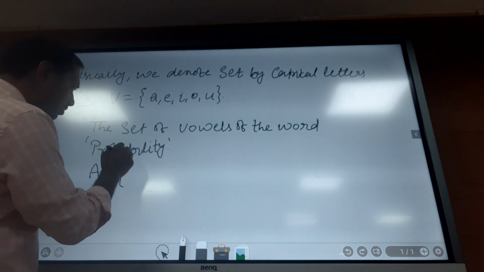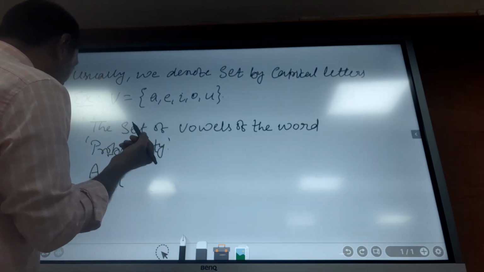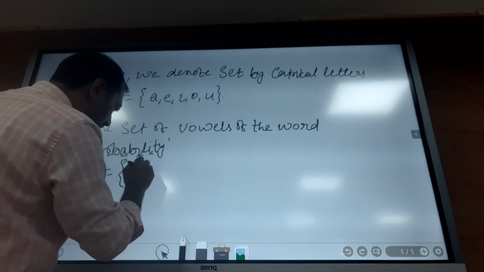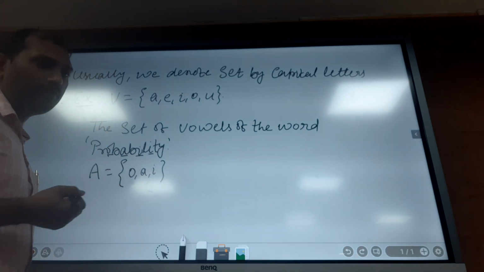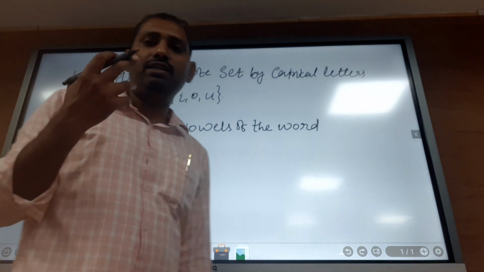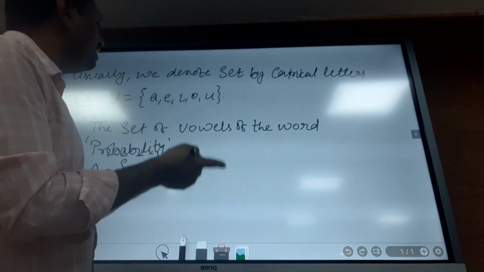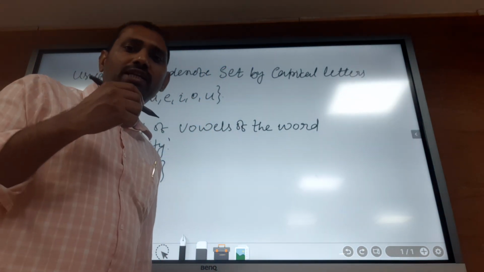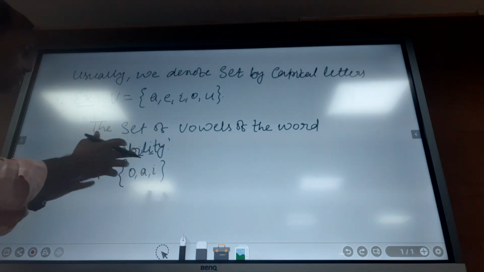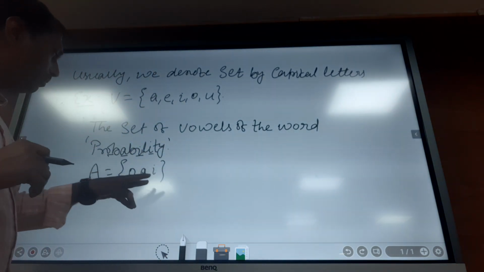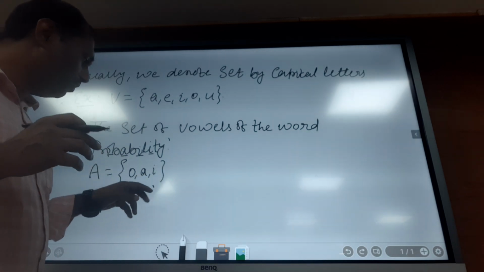They are O, A, I. In this word probability there are two I's, but we can't write both. We have to write only one.